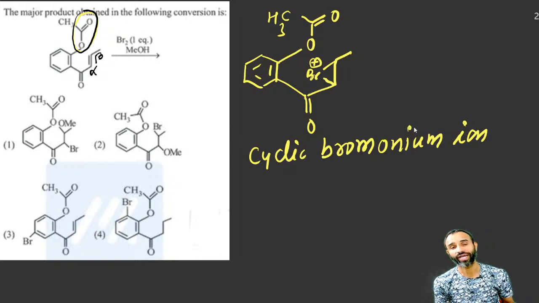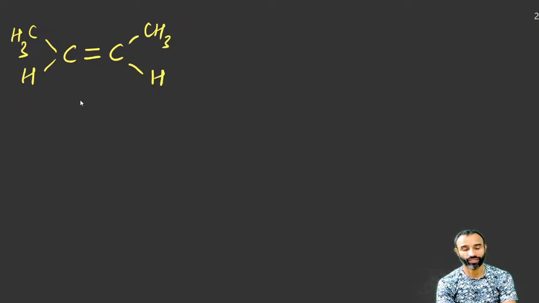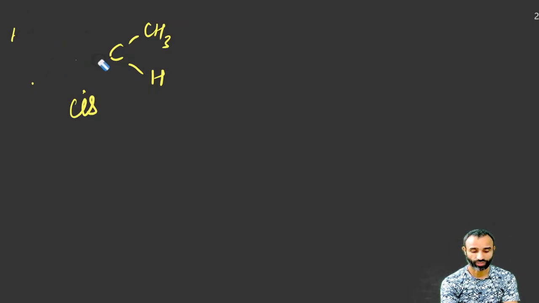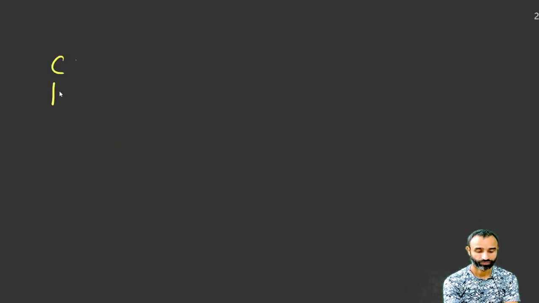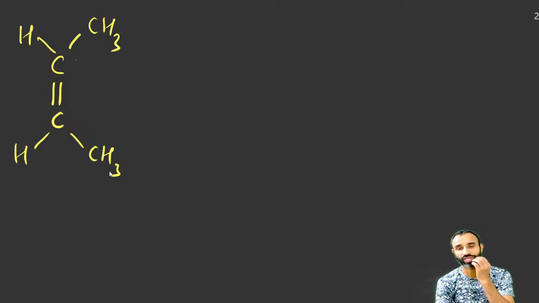when bromine is added to any molecule, there is anti-addition of bromine atoms. See, if we have a double bond, this is a cis alkene. I will draw it vertically. This is a cis alkene, right?